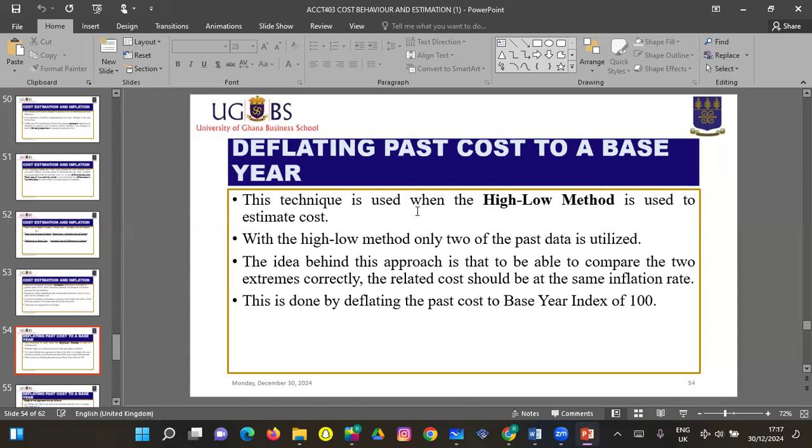So first you deflate the cost to the base year, right? With the high-low method, only two past data points are utilized. The idea behind this approach is to be able to compare the two extremes correctly, so this is done by deflating the past cost.